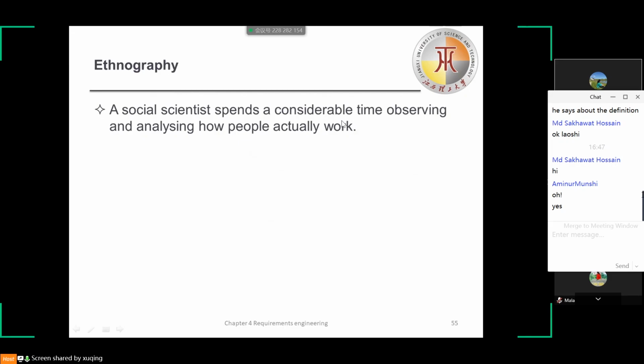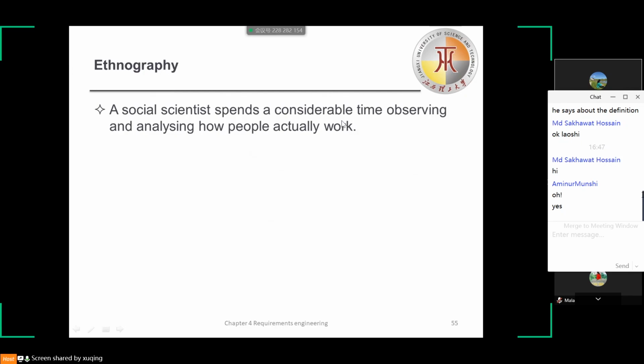We say that a social scientist spends considerable time observing and analyzing how people actually work. An analyst immerses himself or herself in the working environment where the system will be used.